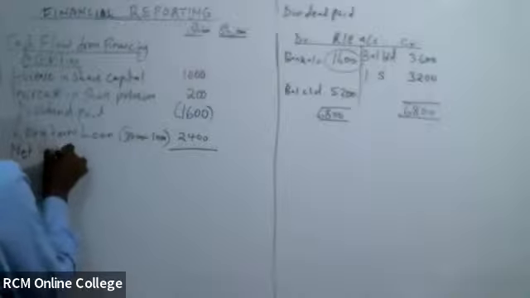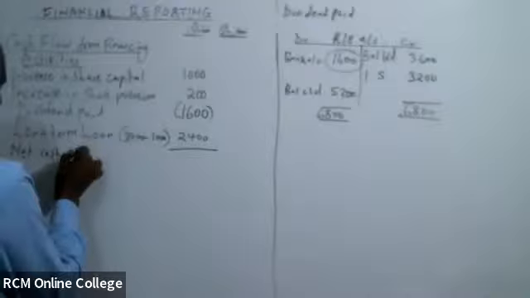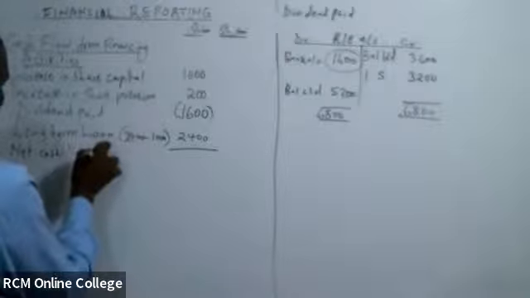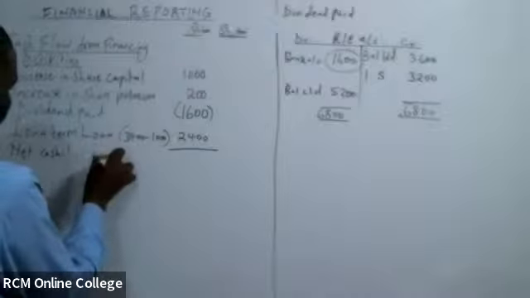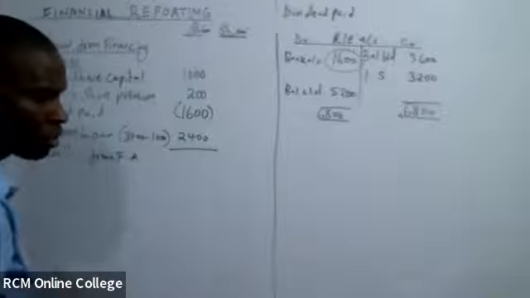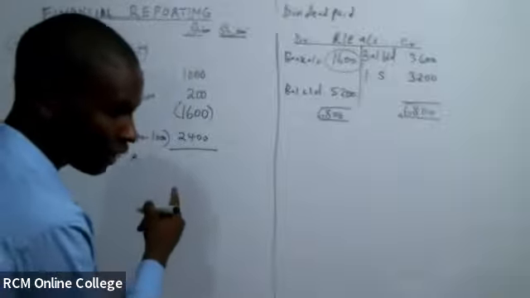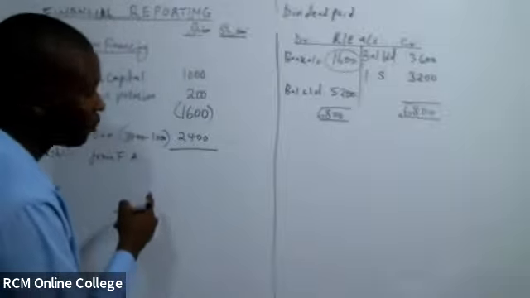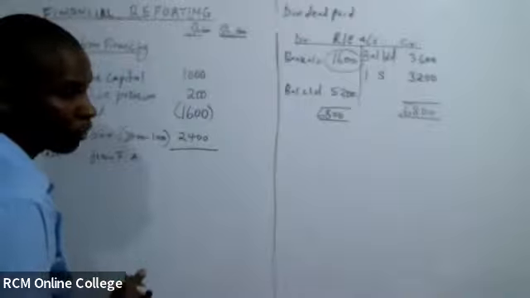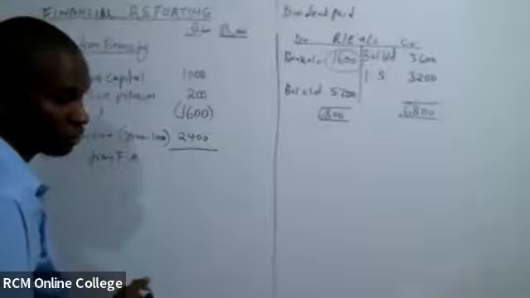Net cash flow. This is just a continuation, Abraham, from a question that we started on Tuesday. Net cash flow from our financing activity. So you have to go through the videos so that you're able to connect. Otherwise, it can be a disaster for you.